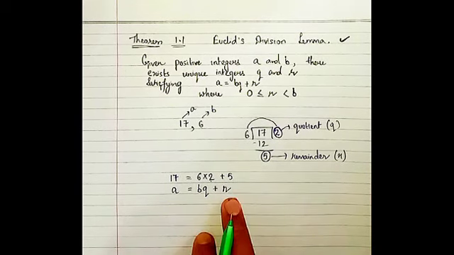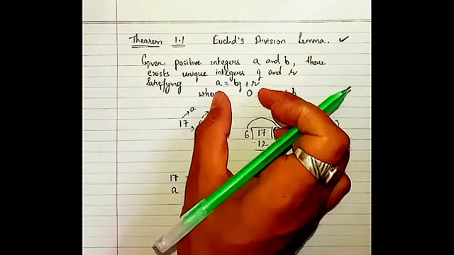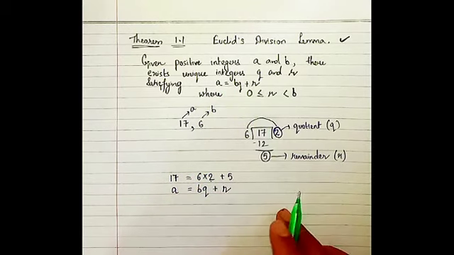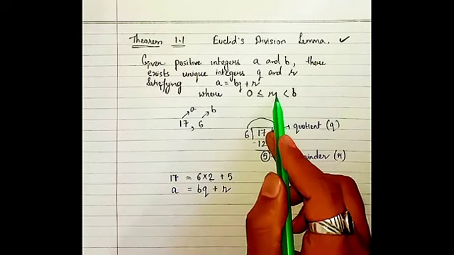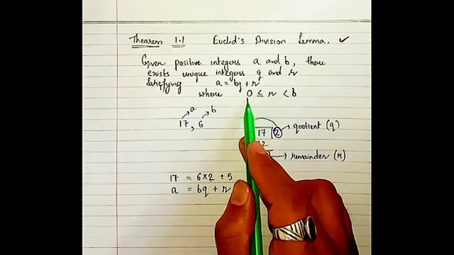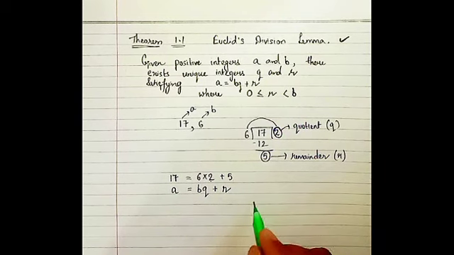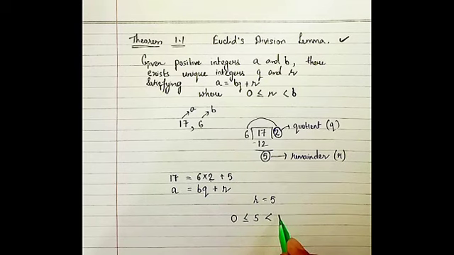And clearly from this statement itself I can see that we have come to our equation a = bq + r. Also, previously we wrote that r is greater than or equal to 0 and less than b. Here my r value was 5. This 5 is greater than or equal to 0, yes, and it is less than b, which is 6.